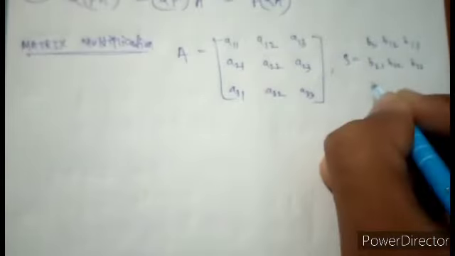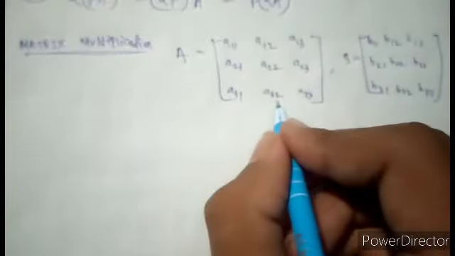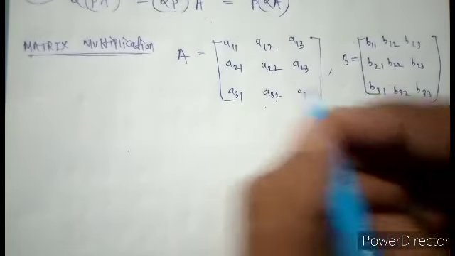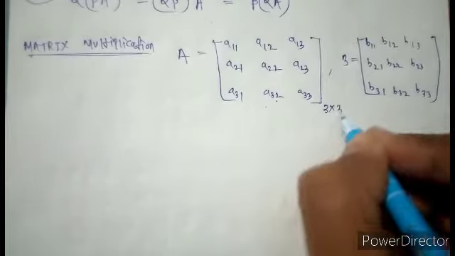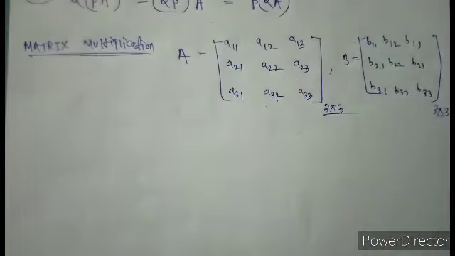And then consider another matrix B11, B12, B13, B21, B22, B23, B31, B32, B33. Here the order is m cross n, that is 3 cross 3, here also 3 cross 3. So these have the same order.